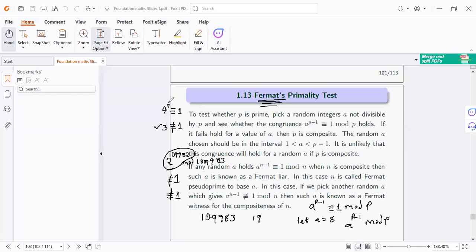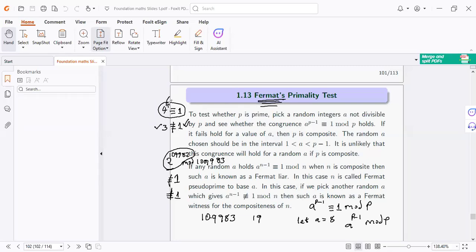Because after getting that it's equivalent to 1, the information I got from this first test was that the number is likely prime. It's not an assurance, just telling me the number is likely to be prime. But once I test another number and it contradicts, then that second test is correct.